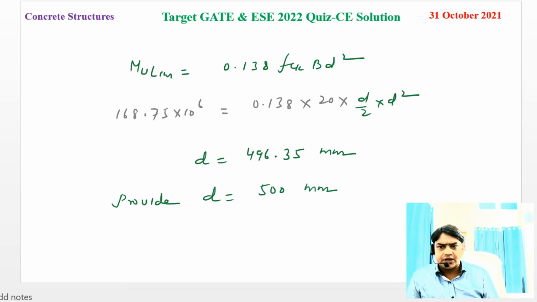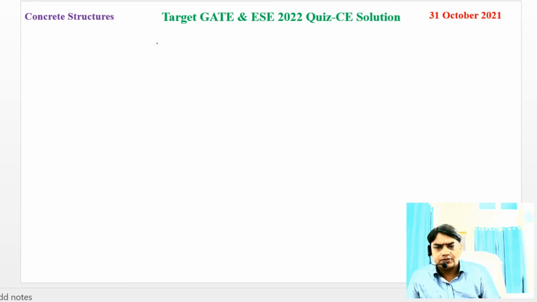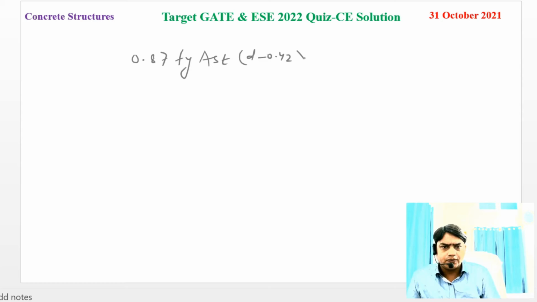So the area of steel Ast can be computed as, so we can write 0.87 fy Ast into d minus 0.42 xu limiting is equal to Mu limiting.